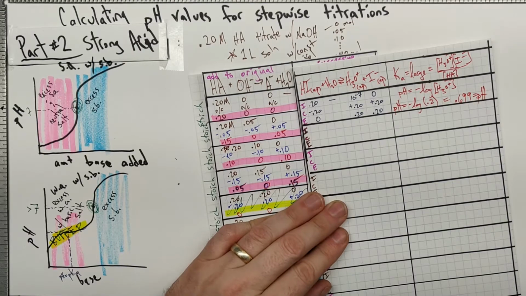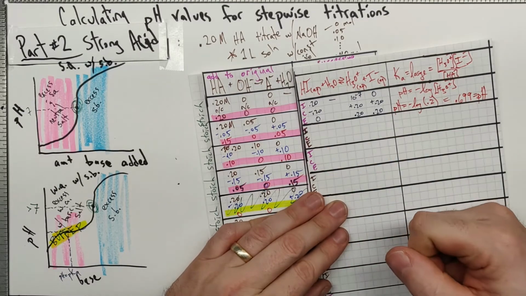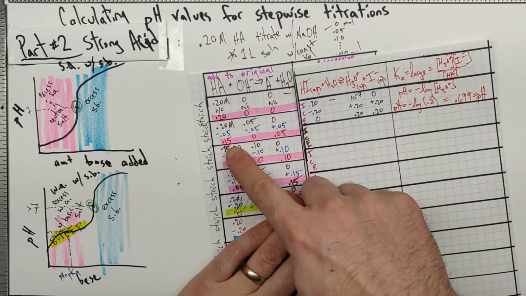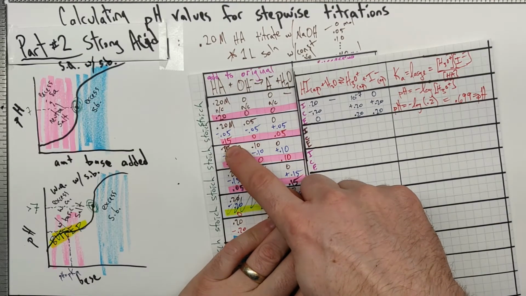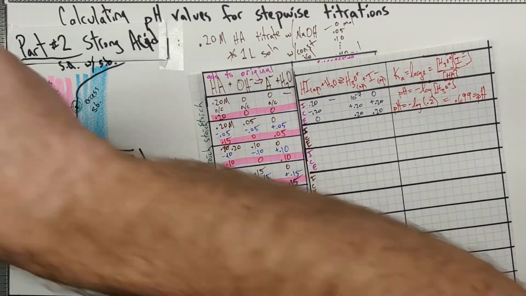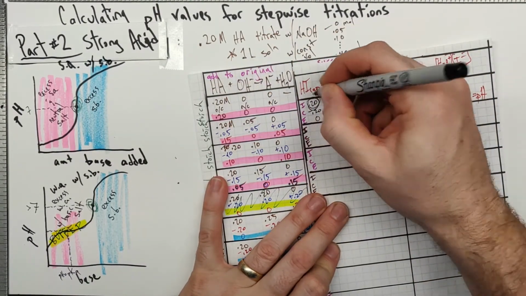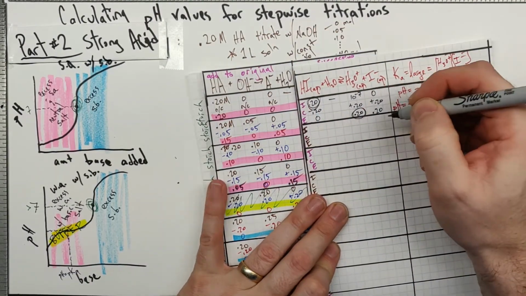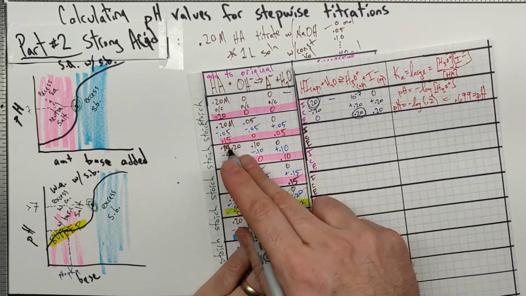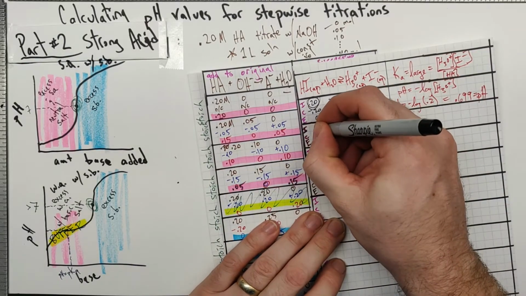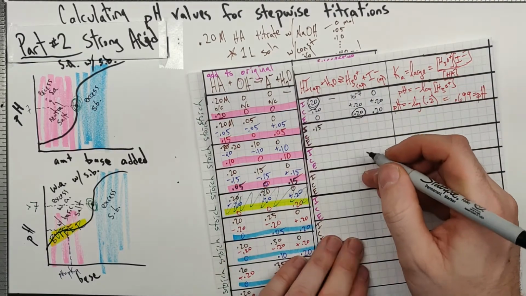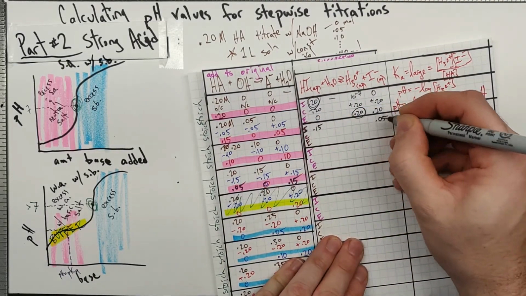Now, since it's a strong acid and it dissociates completely, all we got to do is look at these numbers, and that's what our H3O plus is going to be. So if you look right here, our initial concentration is what we're going to end up with right there. So if this is 0.15, in fact, I'll just write 0.15, 0.05, all right?